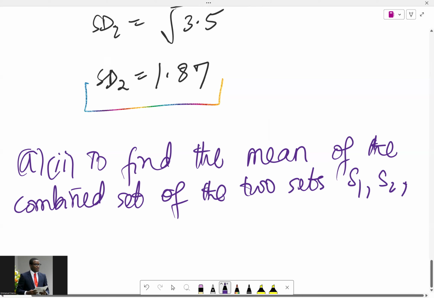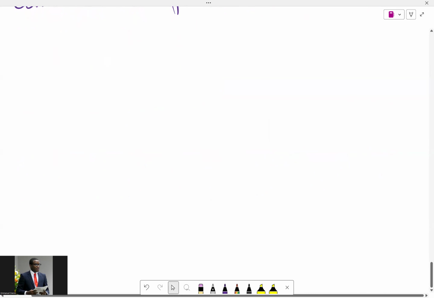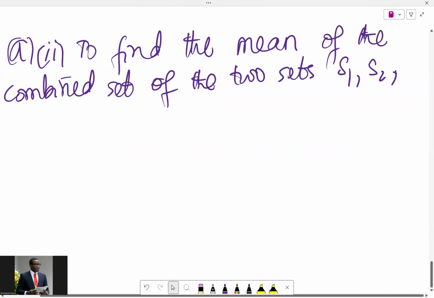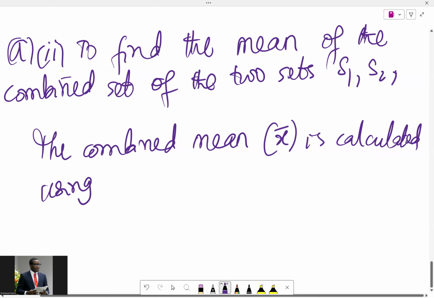Well, we can actually go over again and start doing everything from scratch. But since we already have some of those values, it may be smarter to use some better formulas. So the combined mean, which I'll call X bar, since we already have X1 bar and X2 bar, is calculated using this nice formula.